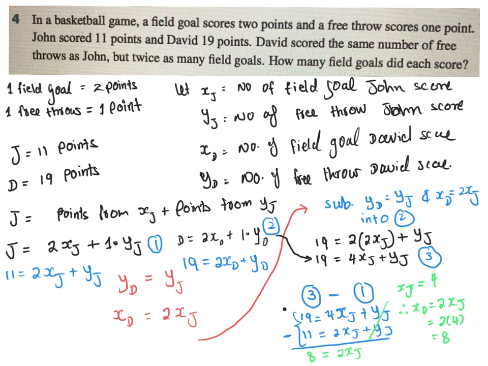So we found xj to be 4 and xd to be 8, which is exactly what we are after. This is the number of field goals John scored, and 8 is the number of field goals David scored, right? Hope that makes sense.